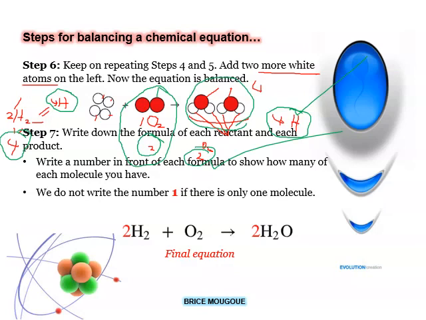Now I'll write the whole chemical equation. It means everything has finally been balanced out. I'll write down the whole chemical equation and write a number in front of each formula to show how many of each molecule we have. Keeping in mind that if in front of a formula I have 1, I don't write that 1.